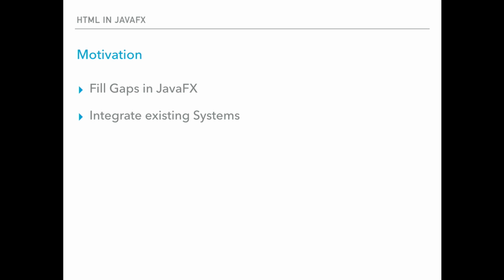So the motivation of using HTML in JavaFX, besides showing documentation or something like that, is you can fill certain gaps that exist in JavaFX, some components that you're maybe missing, and this is also something that I came across a lot of times, is you can integrate with existing systems. So oftentimes, a company starts developing a new JavaFX application, and at one point they need to integrate with an existing system.